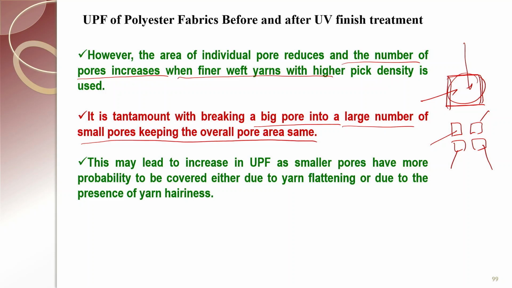But with the smaller pores, a large number of smaller pores, the flattening impact will be much more, and the smaller pores have a probability to be covered by the yarn flattening, and also the yarn hairiness. Here the smaller pores will be easily covered by the flattening and yarn hairiness.